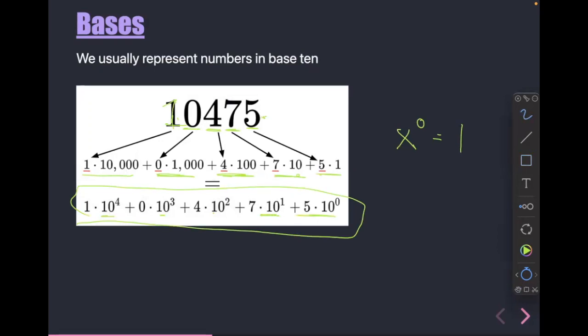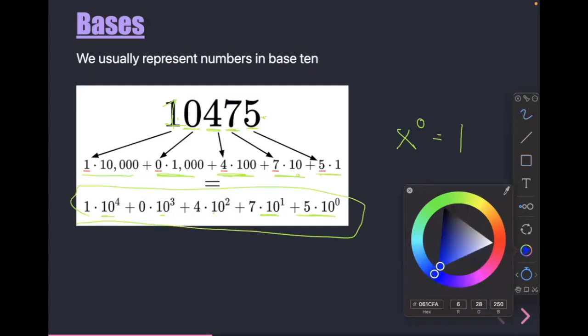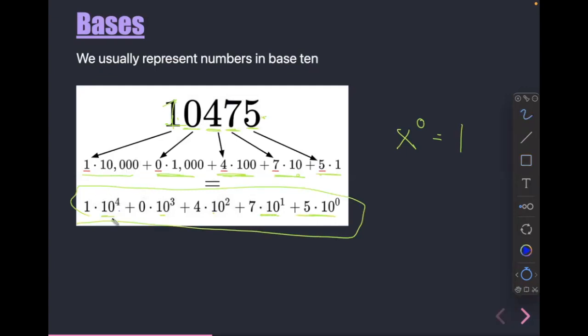And so what that means is these numbers right here that I'm writing, these are all 10 to different exponents. And so that's why we talk about the numbers we typically work with as being in base 10, because we look at them as just these digits in front of our 10 exponents.